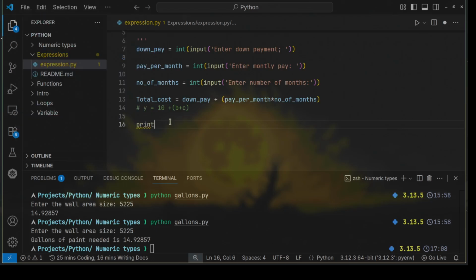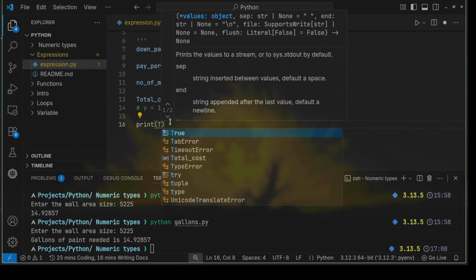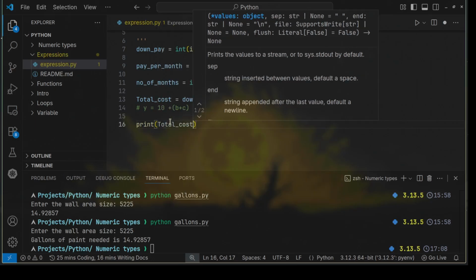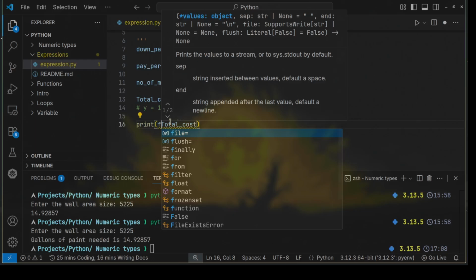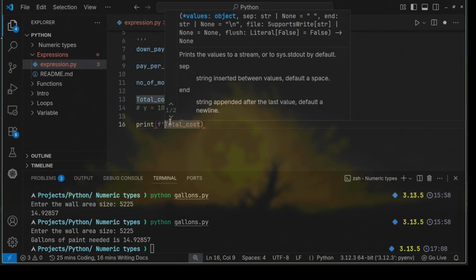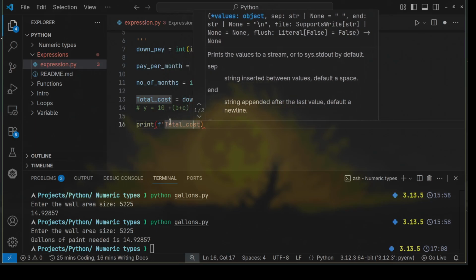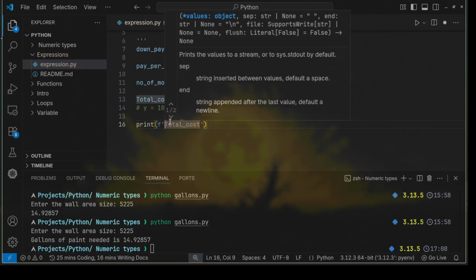You can print the total cost. We see the amount of leasing the car. You can easily print that. This will just show us the total cost at the end. Because we want to at least have some text to show the user, we're going to add some text here.